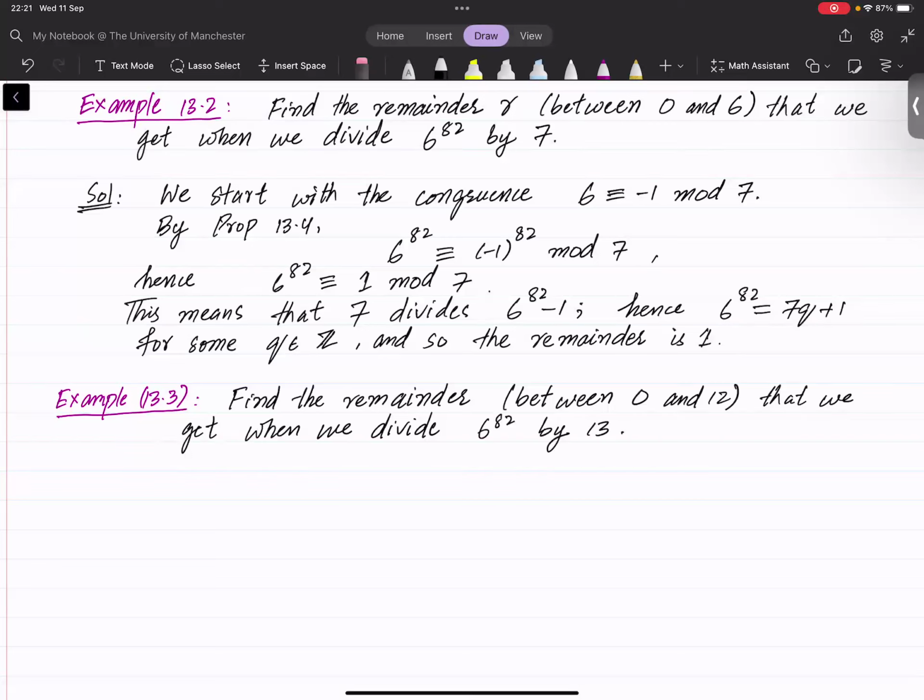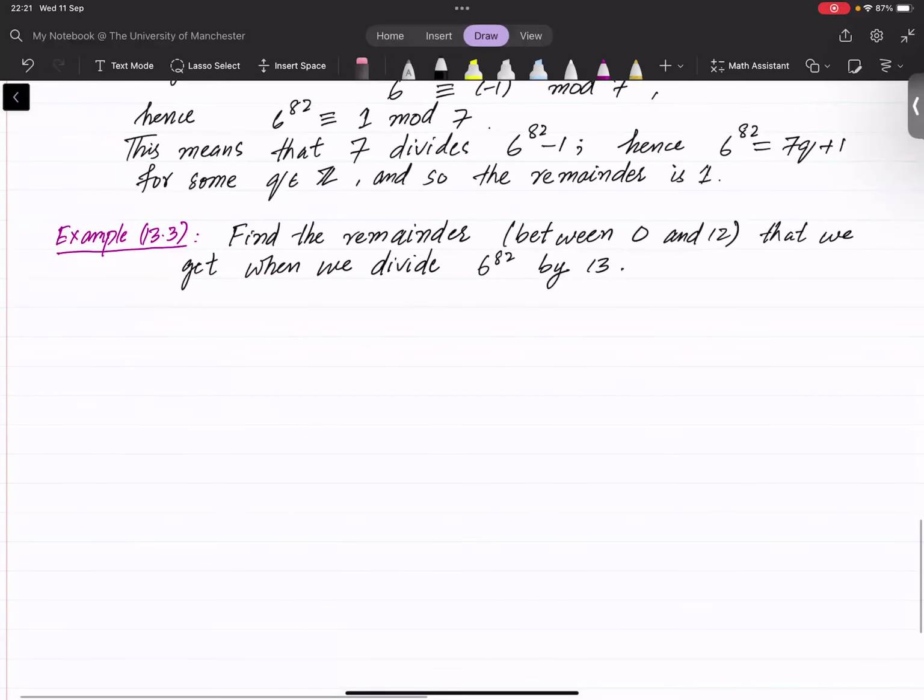Okay. Solution. This is not as easy as the previous example.